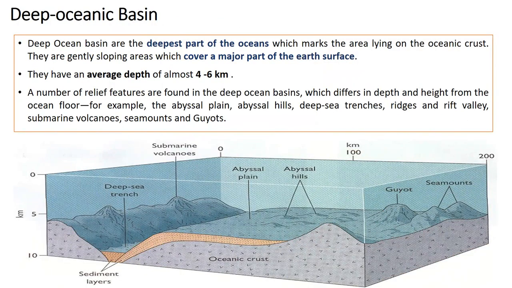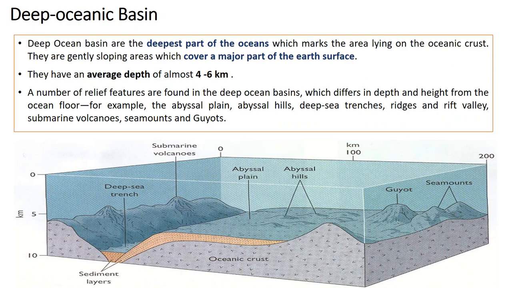So the ocean floor has another part which is the deep oceanic basin or the ocean basin. After the continental margin, from the continental rise, we see the continuation of the ocean basin. So the deep ocean basins are the deepest part of the oceans, which marks the area lying on the oceanic crust.